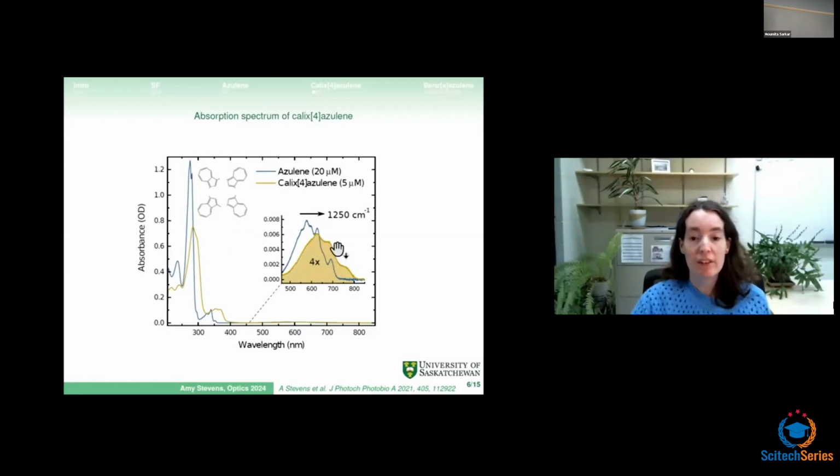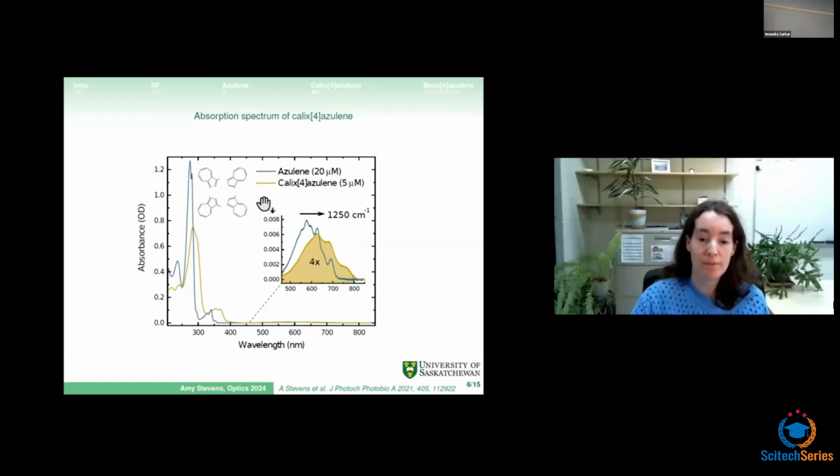In the case of the first excited singlet state, you can see there's a small redshift of about 1,000 per centimeter, but also this calyx here is 4 times less than the concentration of the azulene, but its intensity is roughly the same as your azulene. So that means that each of these chromophores are acting separately, and you're getting 4 times the amount of absorption from this structure.